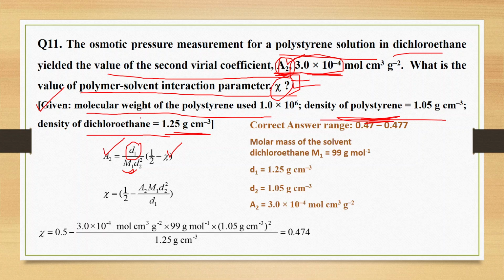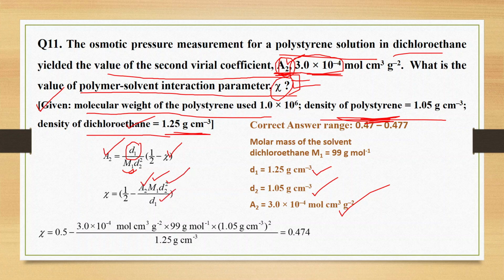So this is your D1 value, that is the density for your solvent dichloroethane. D2 is the density for the polymer, that is polystyrene. We have it here, and the second virial coefficient value is this. We just need to put all these things into M1, D2 square and D1.